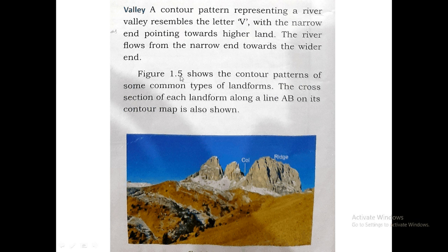Figure 1.5 shows the contour pattern of some common types of landforms. The cross section of each landform along a line AB on its contour map is also shown. So just see this diagram. In this they have shown you the ridge, and in between there is a small space known as the col.